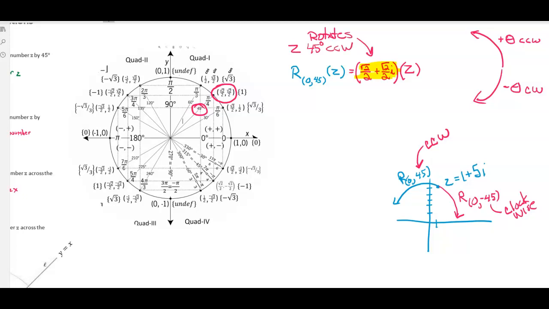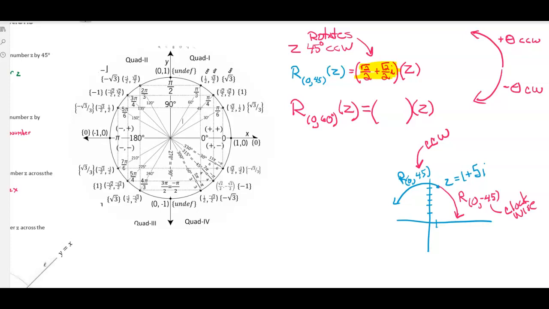All right, so let's say we wanted to do this rotation. I want to rotate Z 60 degrees counterclockwise. So then I'm going to take the original point, and what would I multiply it by?